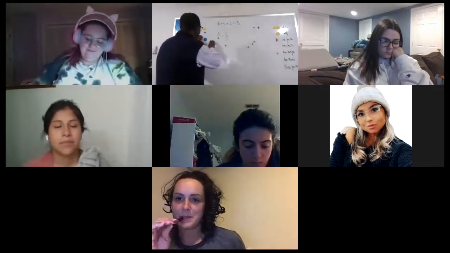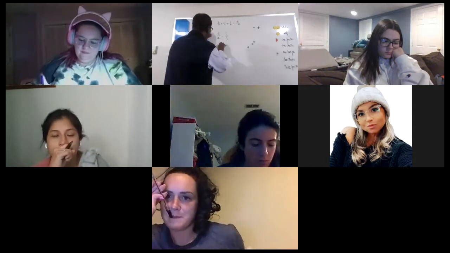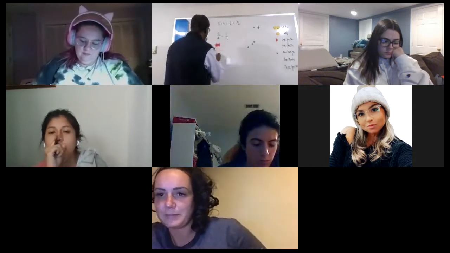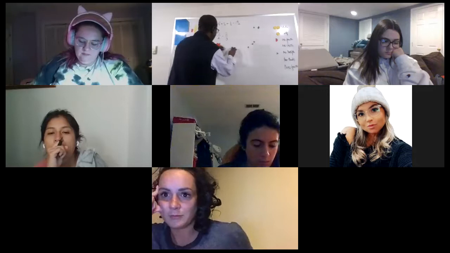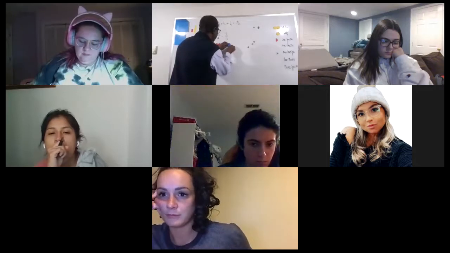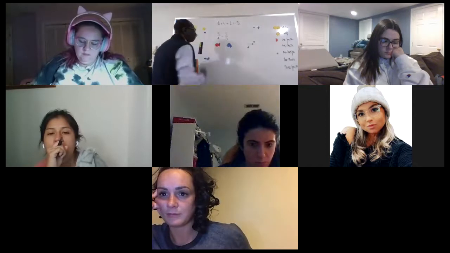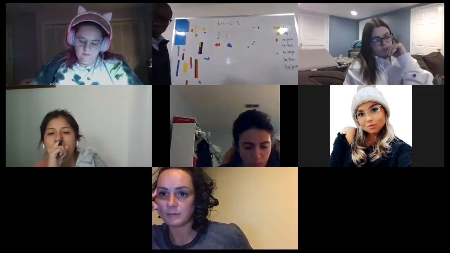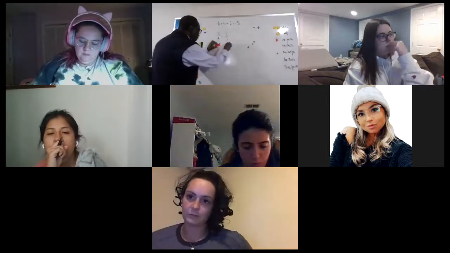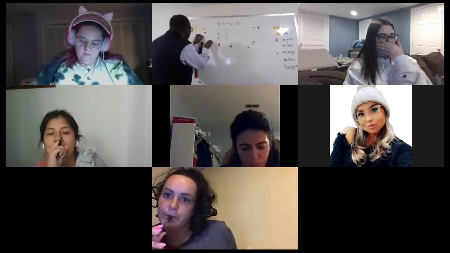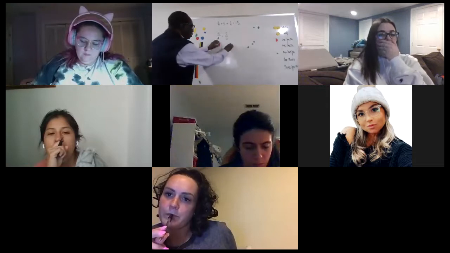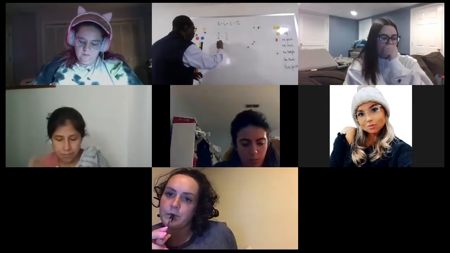Let's try it again. 3/4. This is 2/3. You want to subtract this much from that. You can take away this and this. Those are equivalent pieces. Take that away. Now you have to take away this from that.